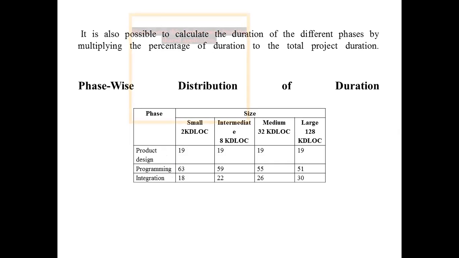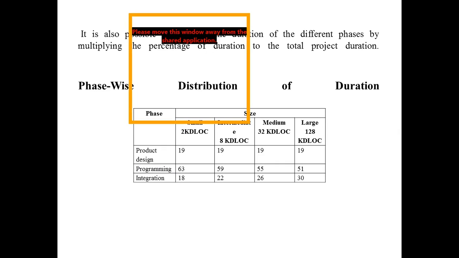Similarly for the programming phase, it means 0.63 into the value of capital D, and integration 0.18 into the value of capital D. So this is called the phase wise distribution of duration.